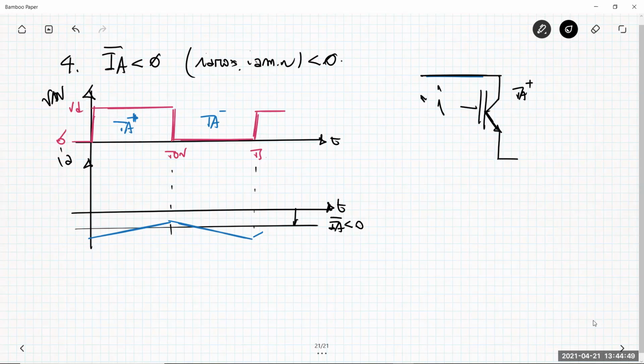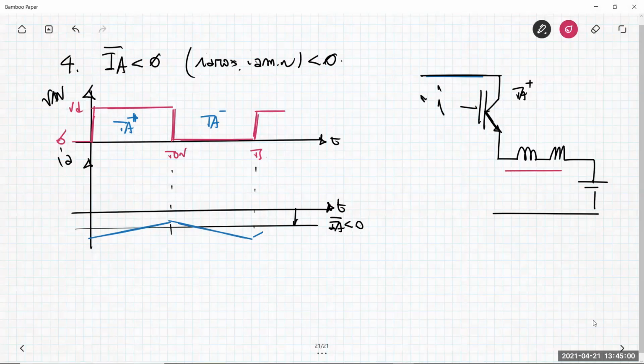But the current is flowing inside the switch power pole. So the current goes here. And the only way to make it possible for the current to flow is by the diode DA plus. So DA plus conducts the current.